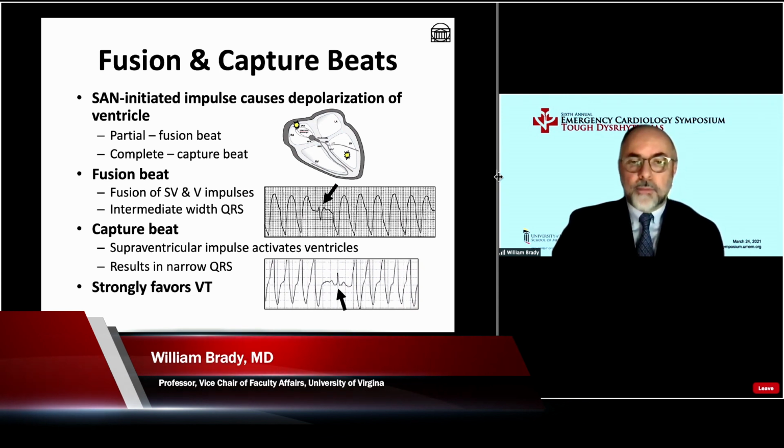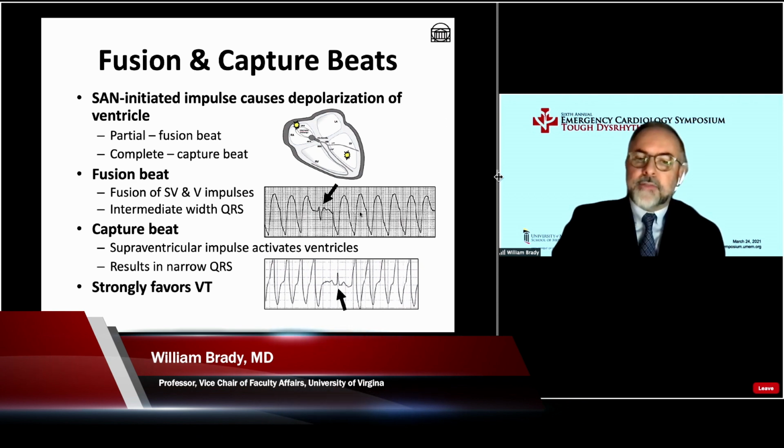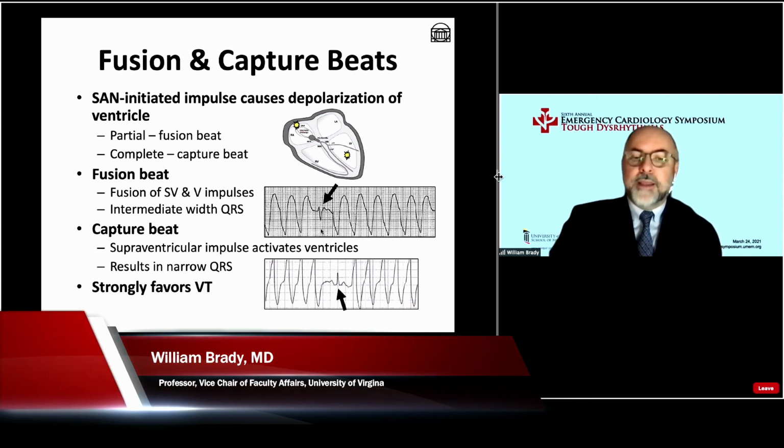Not a nice, normal, narrow QRS like patients in sinus rhythm, but certainly not these wide, evil-looking complexes of VT. So the QRS complex is a fusion of intermediate width, resulting from the supraventricular impulse and the ventricular impulse.